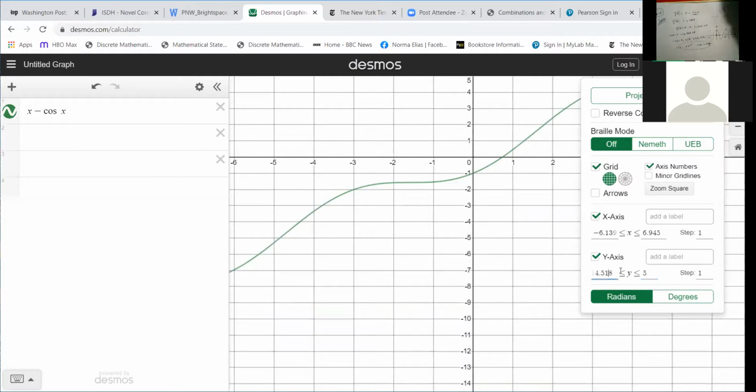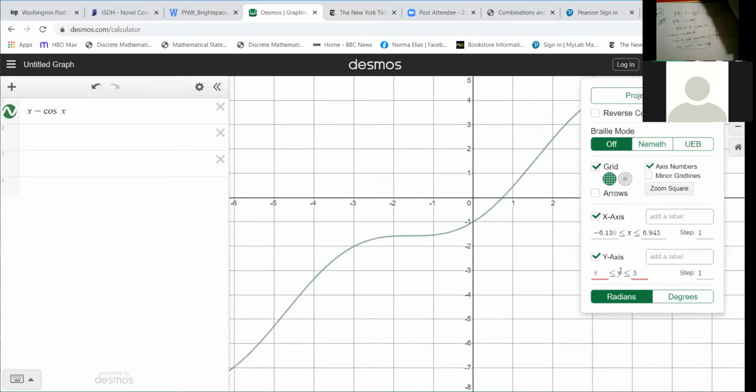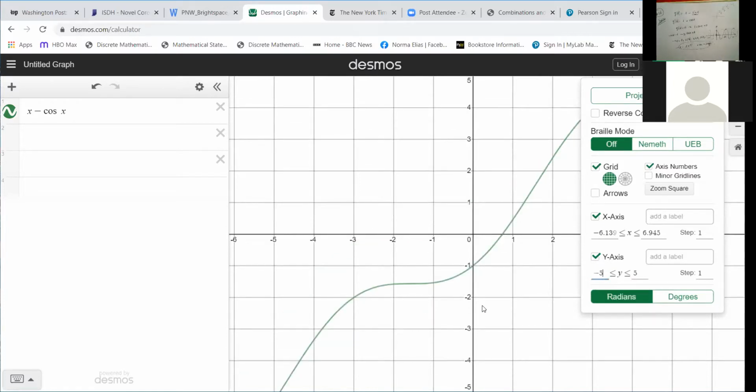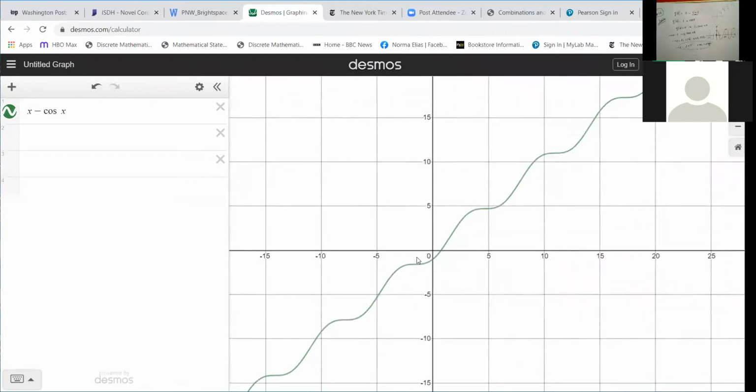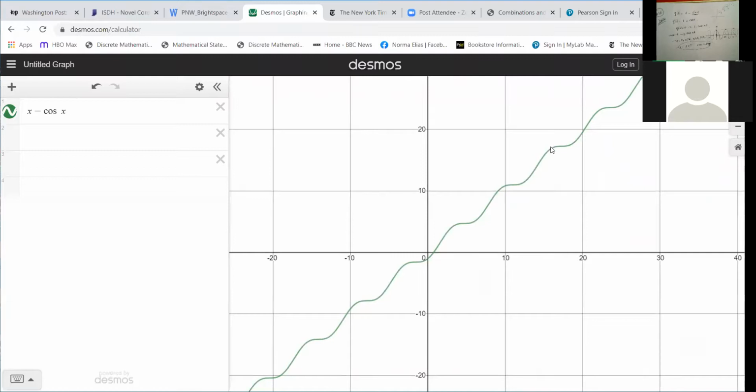Minus 5 and 5. Okay, so we're looking for those points. These are the points that we are actually interested in: this point right here, this point, this point, this point. Those are the plus or minus 2 pi, plus or minus 4 pi, and so on and so forth.